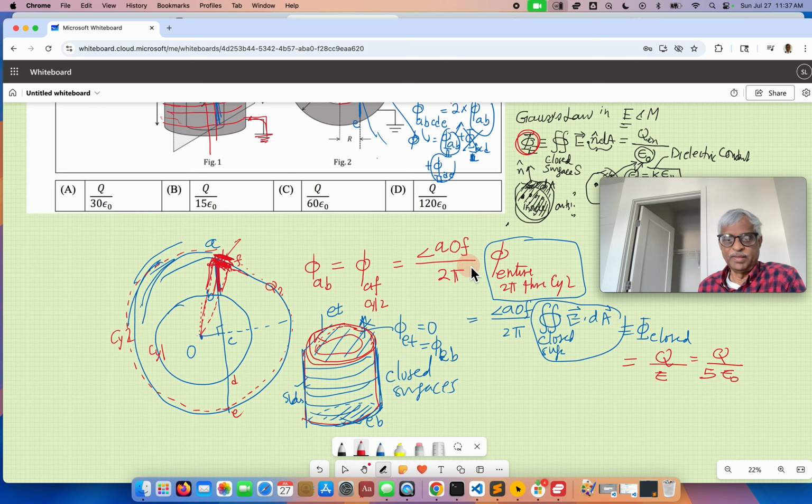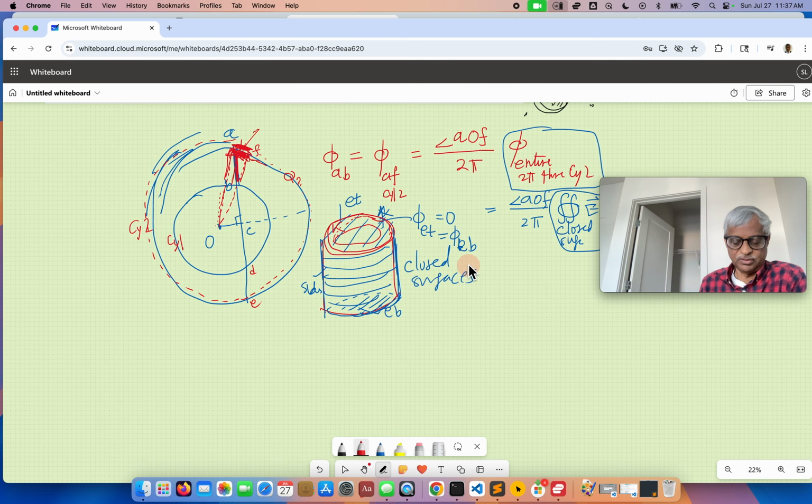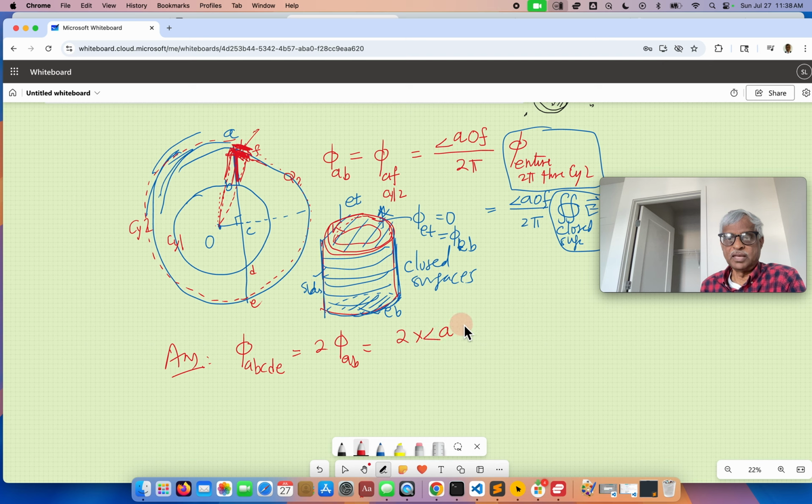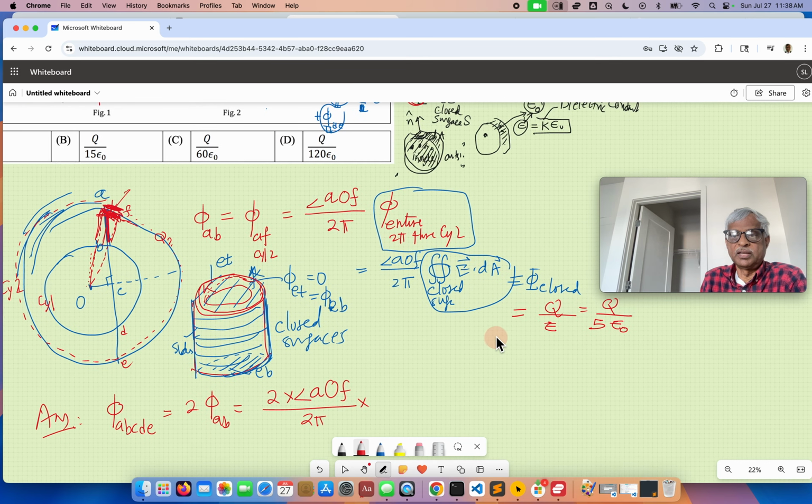So now summarizing, the answer should be the flux through this A, B, C, D, E. So 2 times the flux through AB is equal to 2 times angle AOF over 2 pi times Q over 5 epsilon naught.